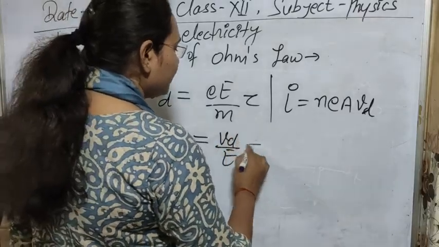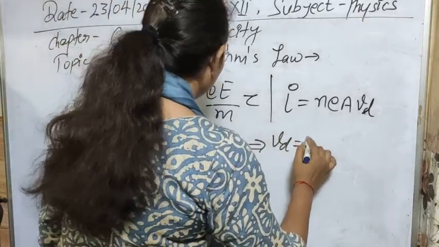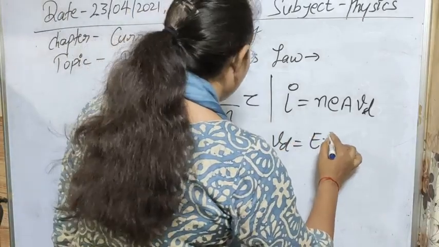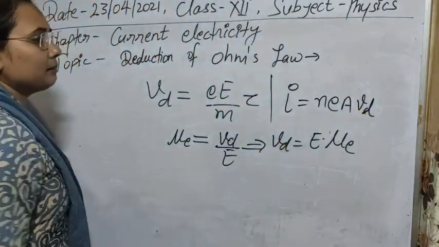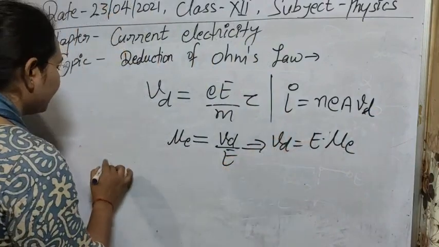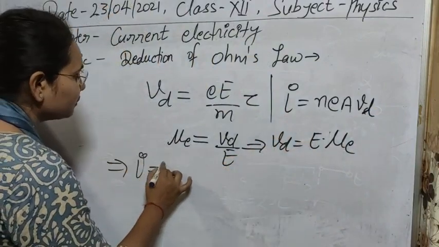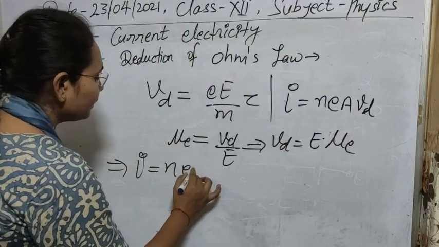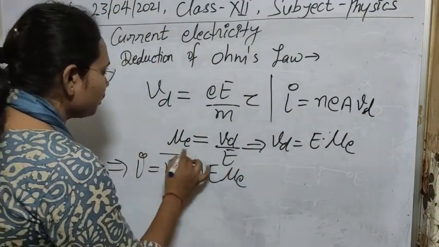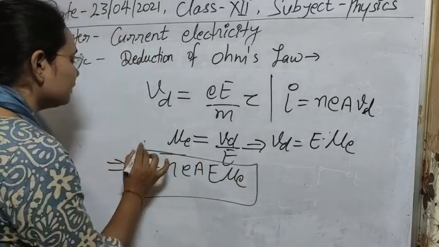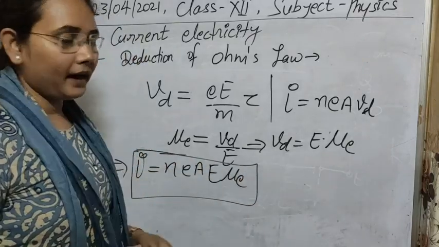From here, the value of Vd is equal to E into mu e. So in place of Vd in I, we can write I is equal to n e A E into mu e. This is also a kind of relation between current and mobility.